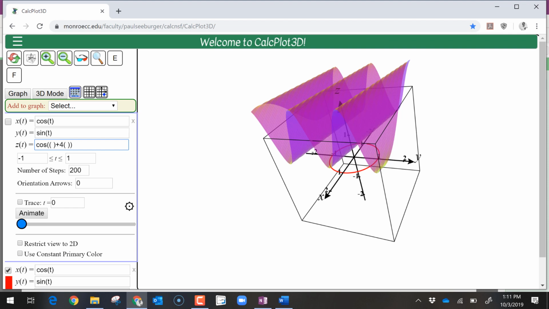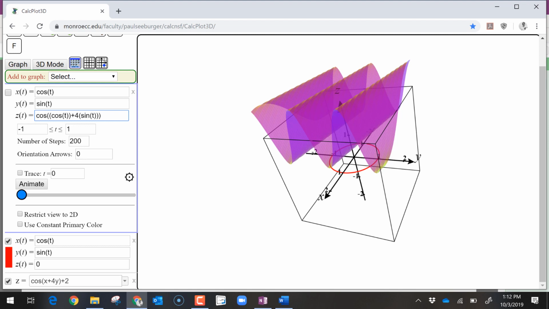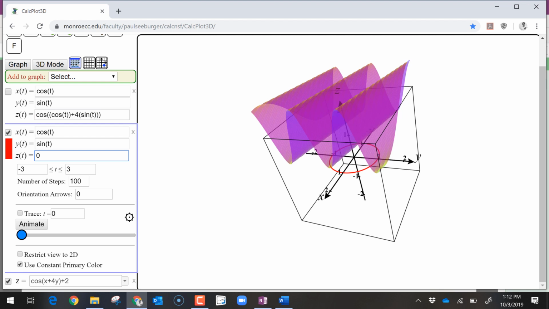And in for x, I'll do the composition where we put cosine t and sine t. Did I put too many parentheses? No, it's okay. Also, what are my limits for this? I went from -3 to 3. We'll go from 0 to 2 pi.